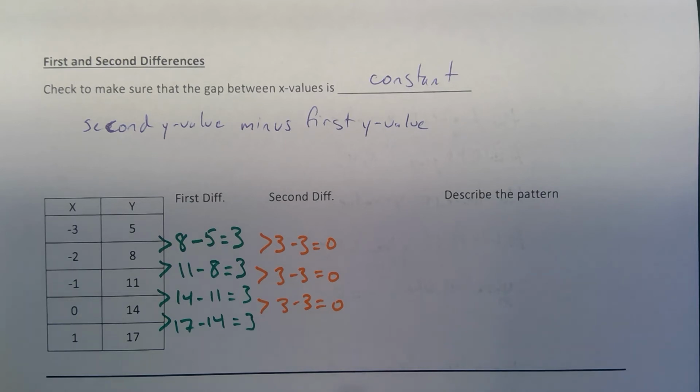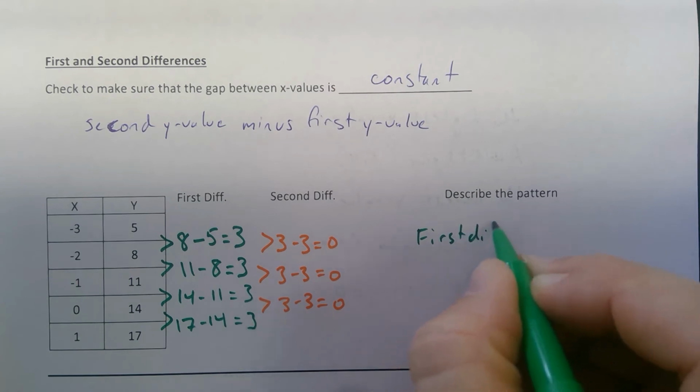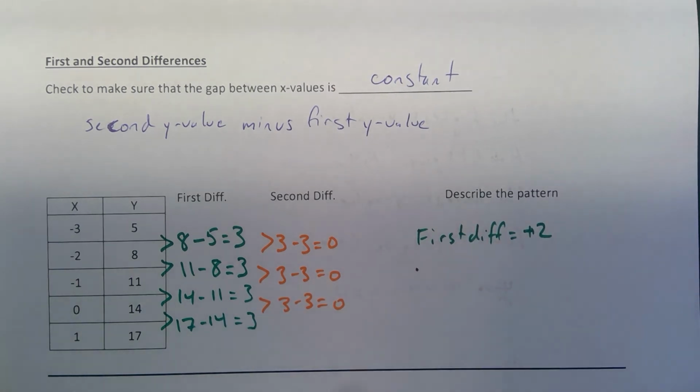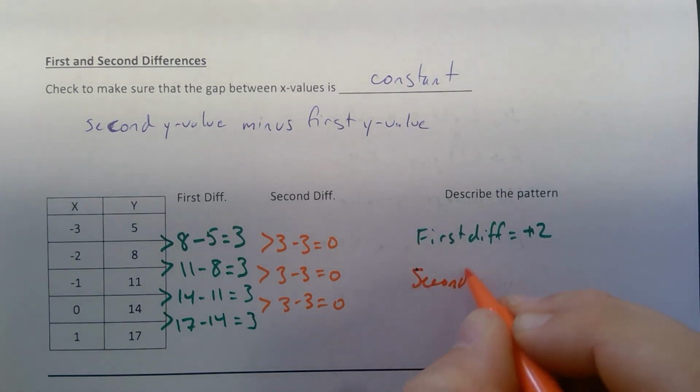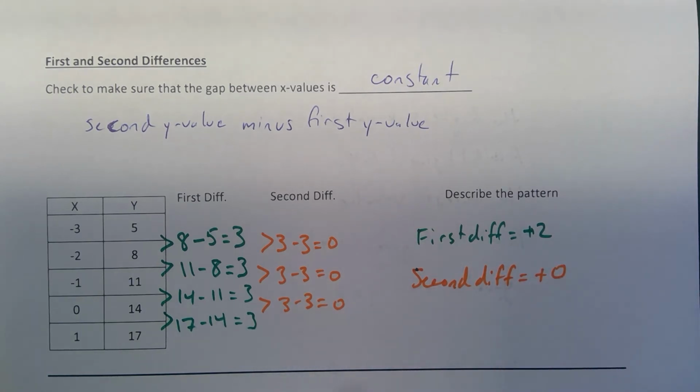Hopefully you said linear. So if we're describing our pattern here, we can just say that the first difference is +2. We'll color coordinate here. Second difference equals +0. Okay, so it is a linear function.